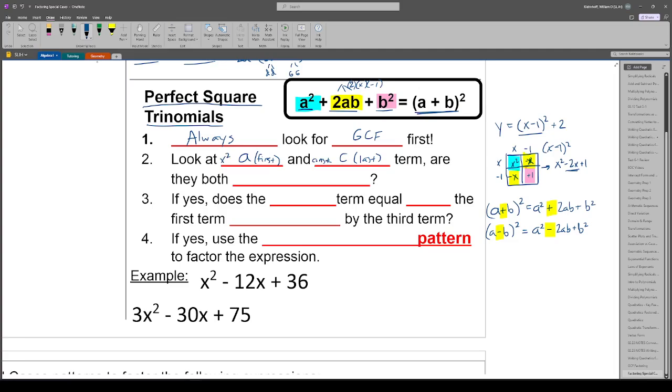There's a lot of things that could go in that box. I think I'm actually settling on, instead of a and c because that's more abstract, let's say look at the x squared and the constant term. So the thing we start and end with.